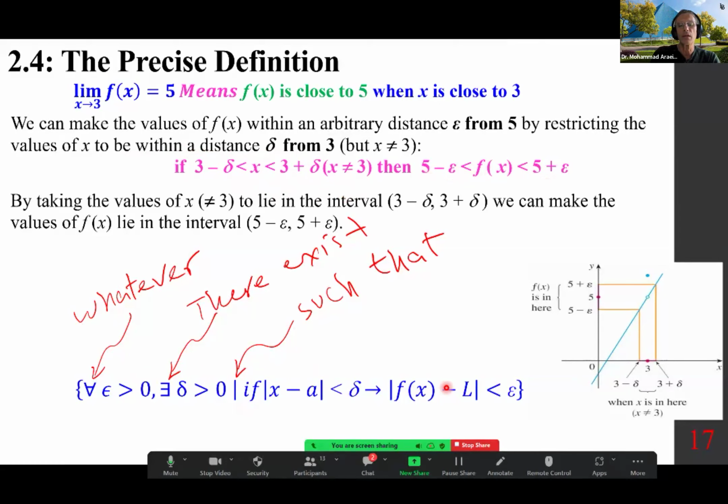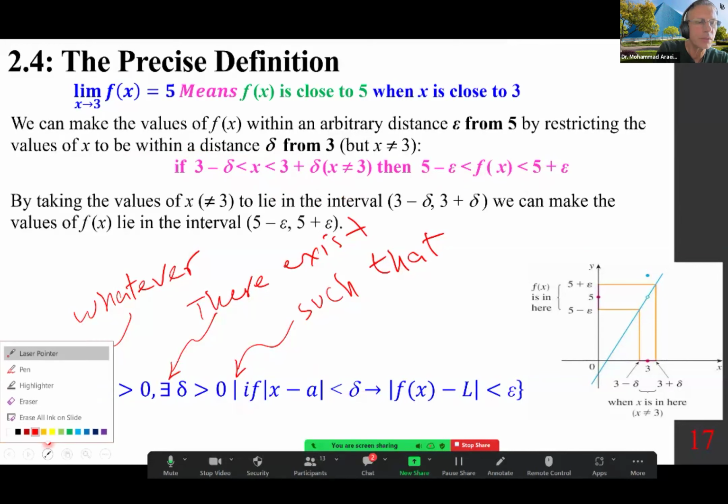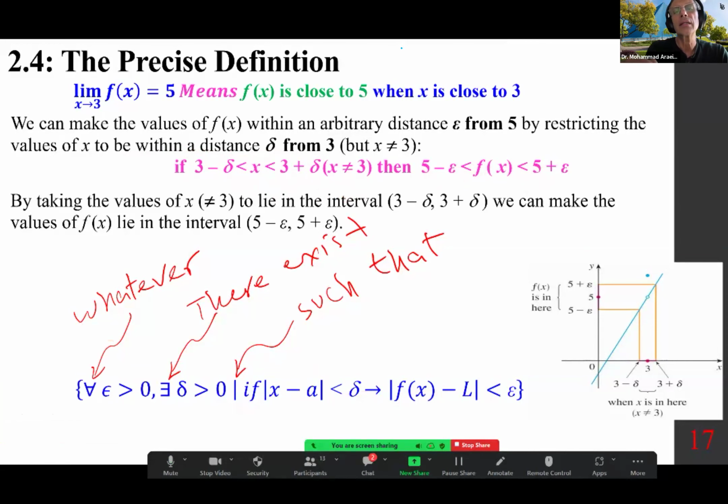When you work with absolute value, I hope everybody remembers that if the absolute value of x is less than, let's say, k, and k is positive, then x is between minus k and k. K is some number. All right. So to continue, I need to clean up this mess.